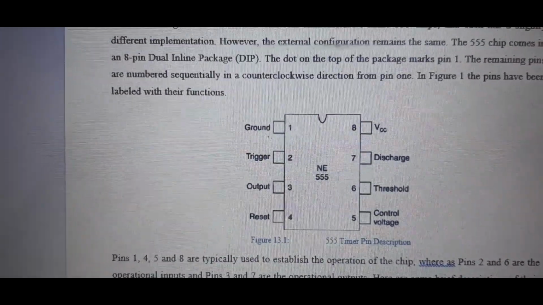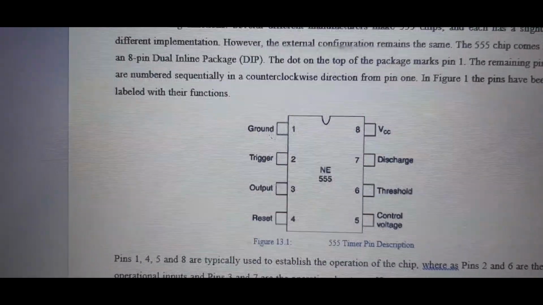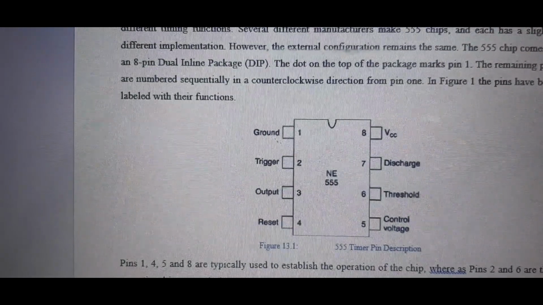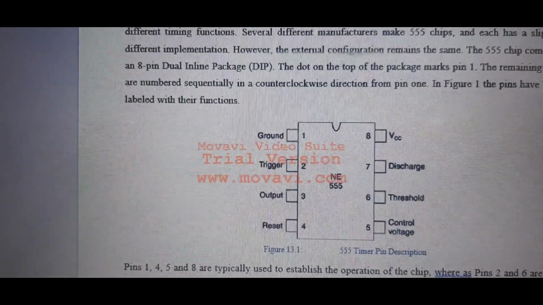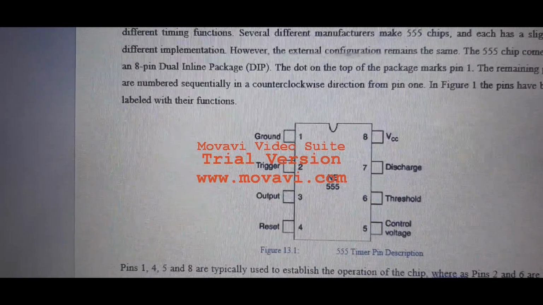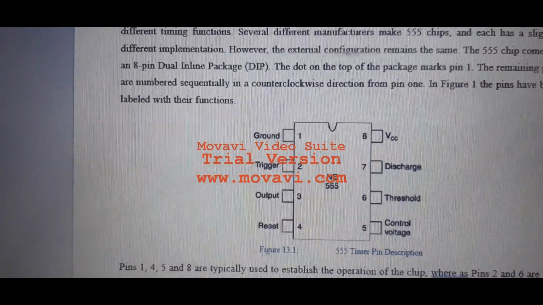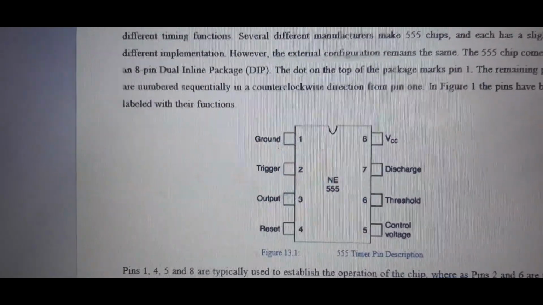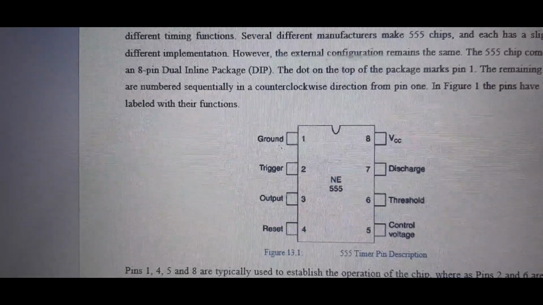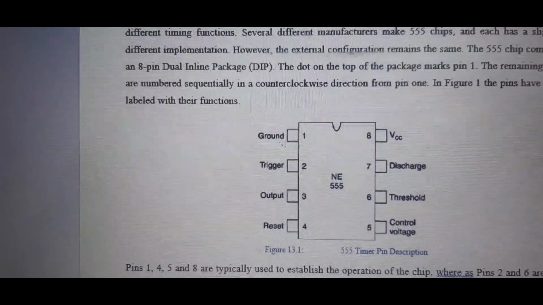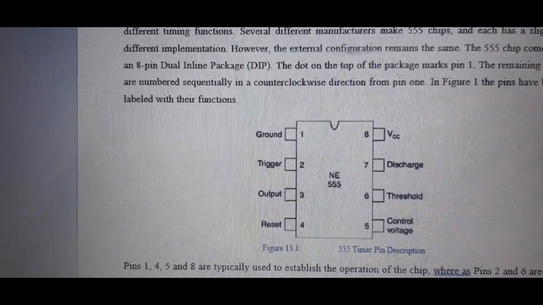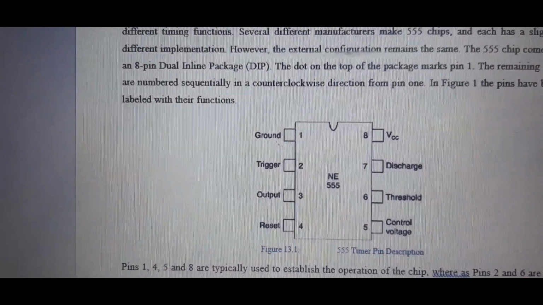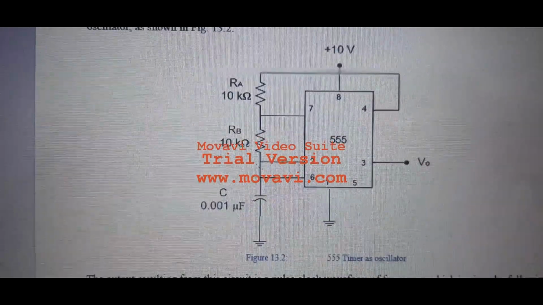Here pins 1, 4, 5 and 8 are used to establish the operation of the chip which is producing the square wave, in which the capacitor charges or discharges to produce the square wave, and pins 2 and 6 are the input pins, and pins 3 and 7 are for the output operation.